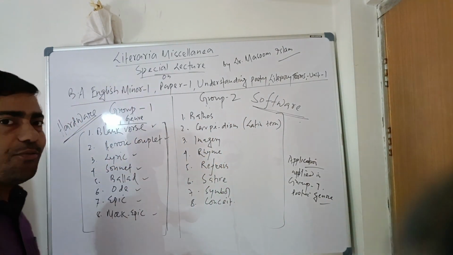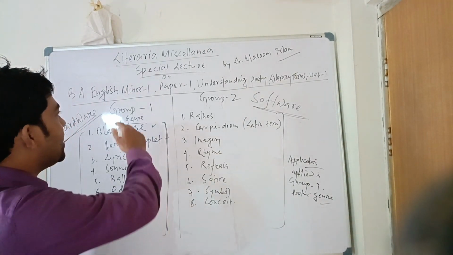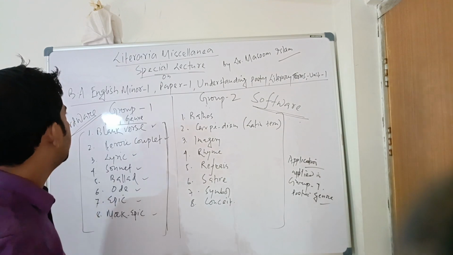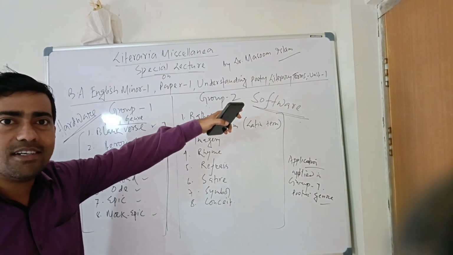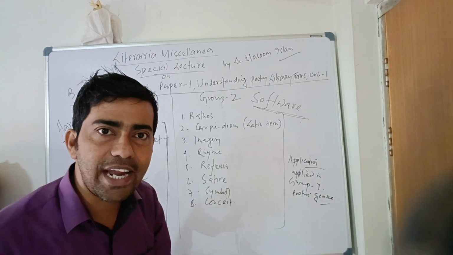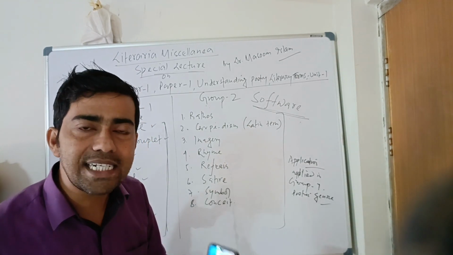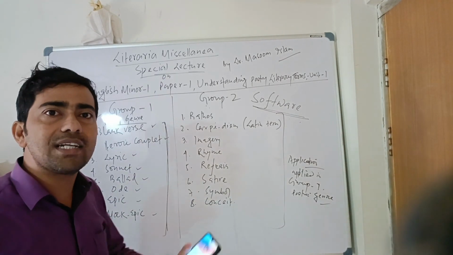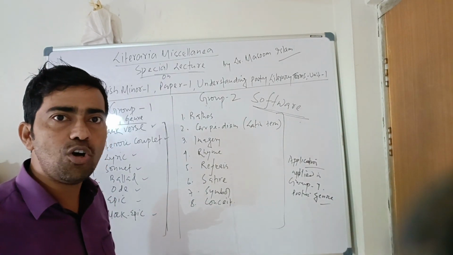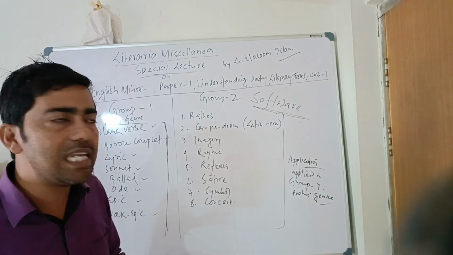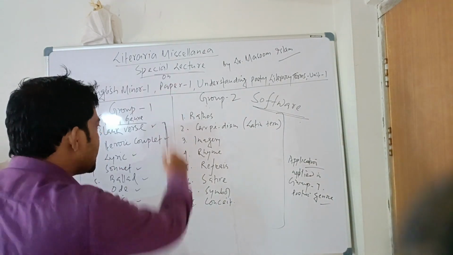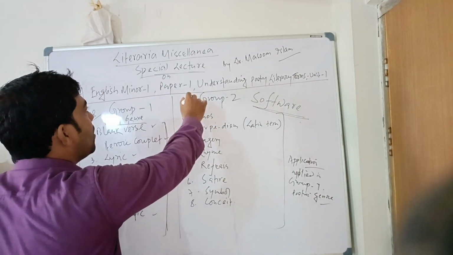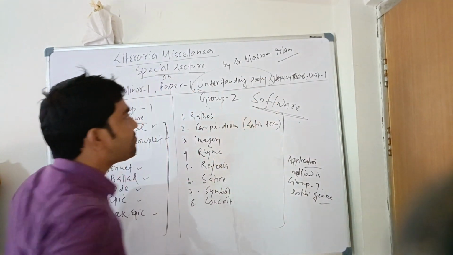And so I have divided the entire literary terms prescribed in your syllabus into two groups, namely hardware and software, for your better understanding, for your better cognitive level. You get it now? As hardware and software are the essential parts of a machine, of a mobile, of a computer, PC, laptop, these literary terms are the main essential part of truly understanding poetry.